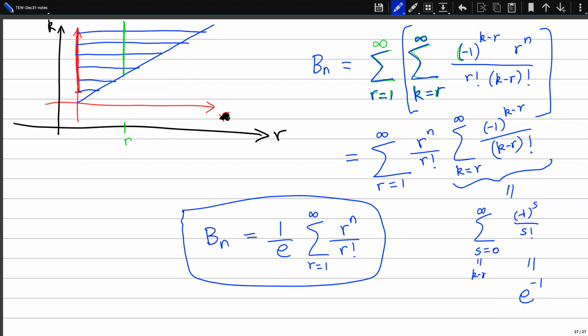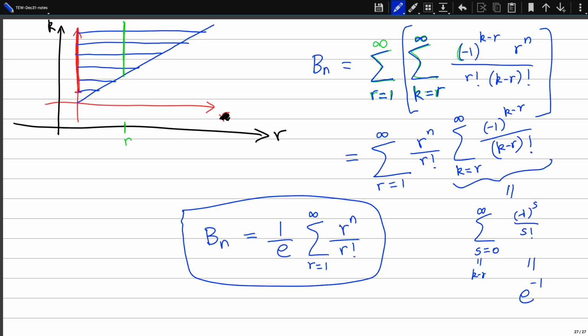It's strange because the left-hand side is finally a positive integer, and the right-hand side is some strange thing. r power n by r factorial is not of the e power x form, since e power x is like x power n by n factorial.